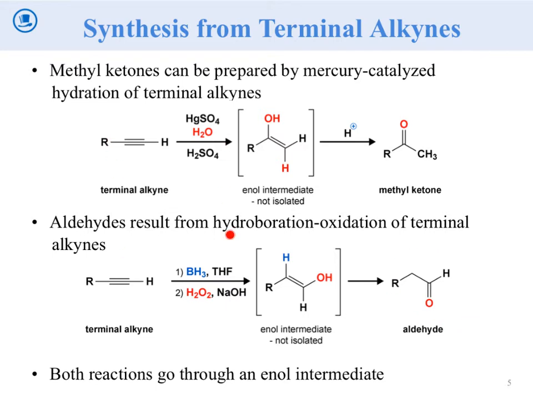Same starting material, different reagents. One gives a ketone, one gives an aldehyde. So you need to know those. But they both go through that enol intermediate. Enols are a way to turn into ketones or aldehydes. Should I show what a tautomerization looks like? I will.